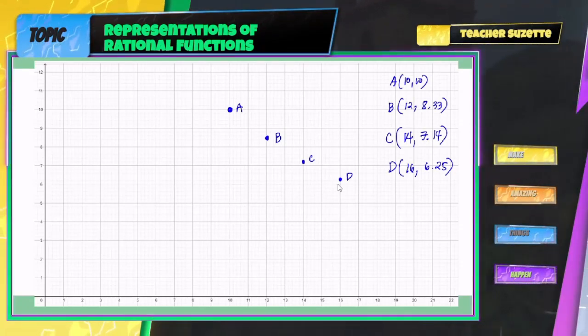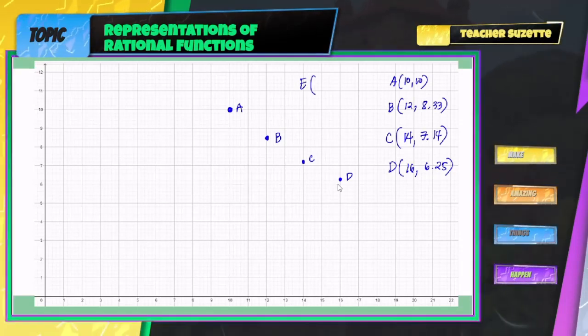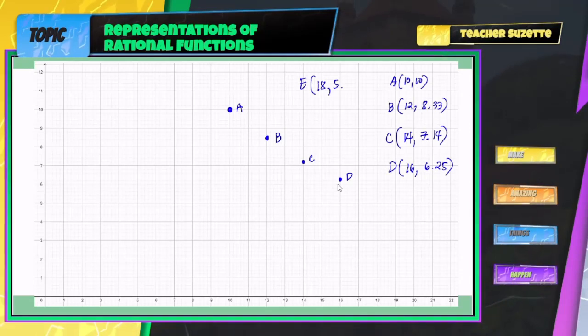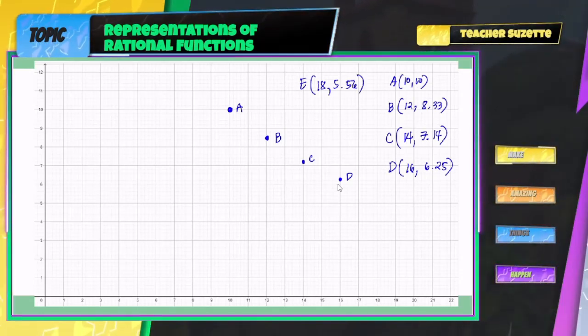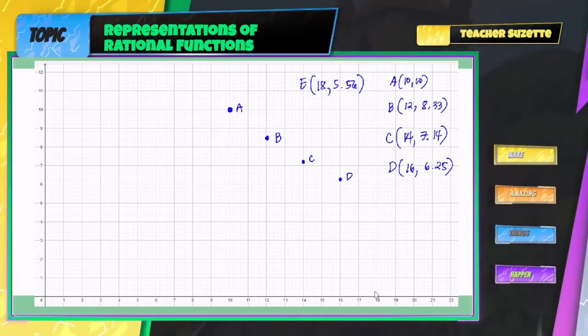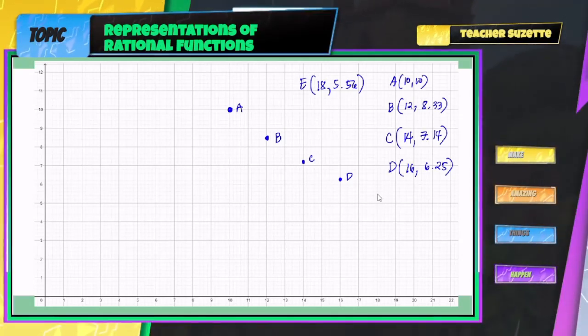So, point E, let's adjust. Our point E is 18, 5.56. So, that is 18. Let's look at 18. Then, 5.56, so near our 6.